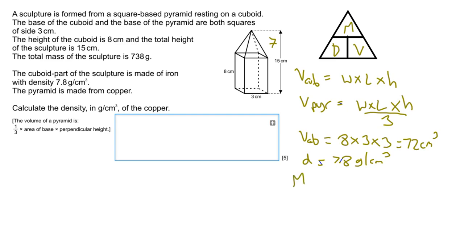So the mass of the cuboid is going to be 72 times 7.8. Put that into my calculator. 72 times 7.8, and that's going to give me 561.6 grams. First point that I'm going to be able to work out.